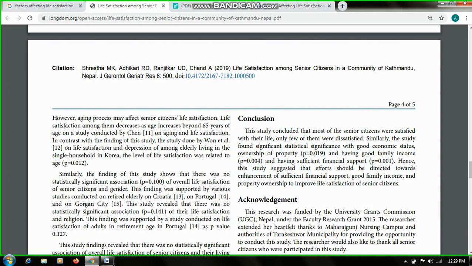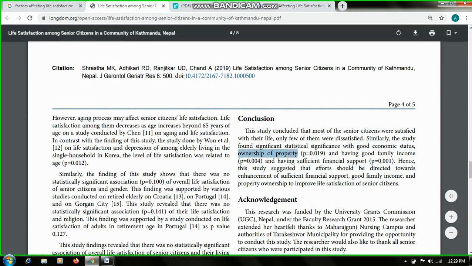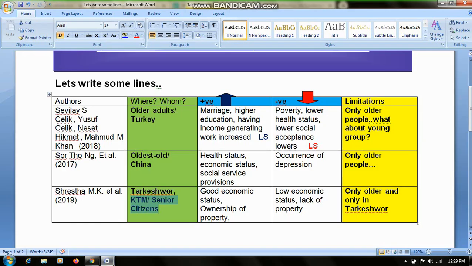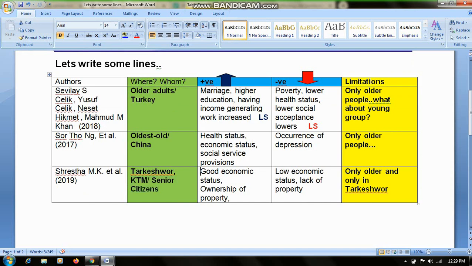Now, what were the factors? Good economic status, ownership of property, having good family income. This increased life satisfaction. Now what you will do, you put the information here. Good economic status, ownership of property increases life satisfaction.